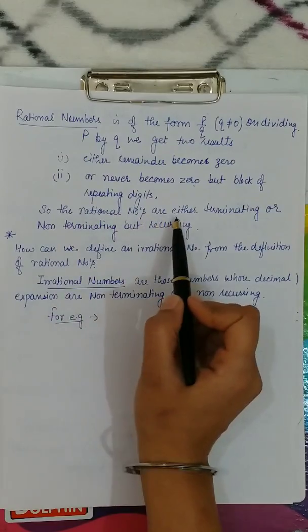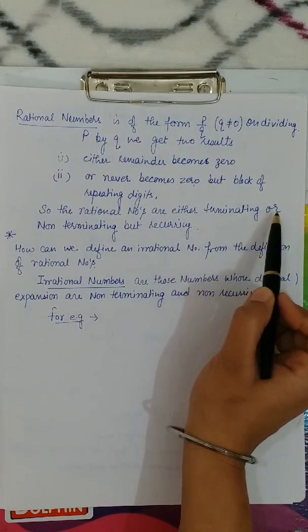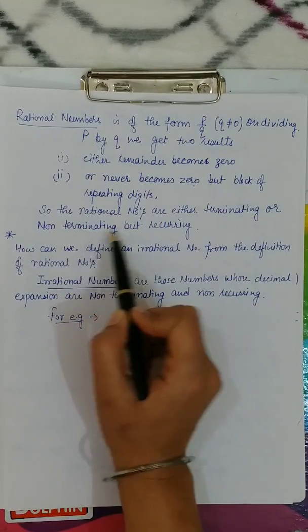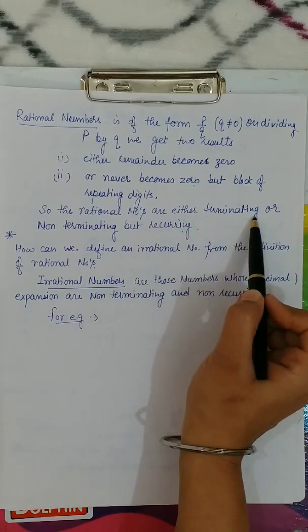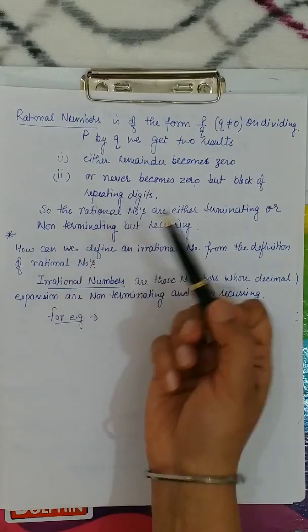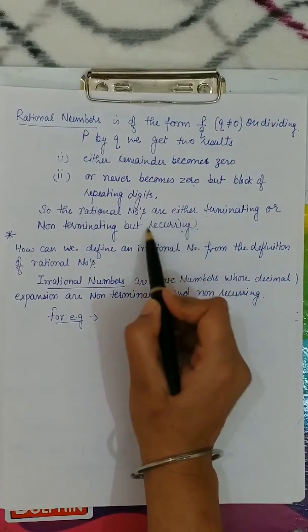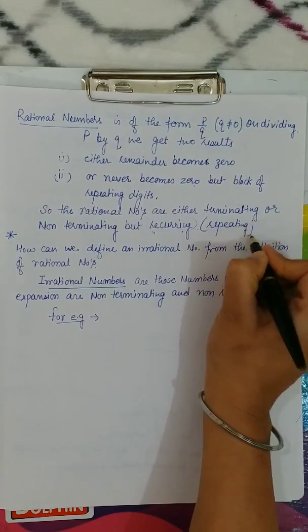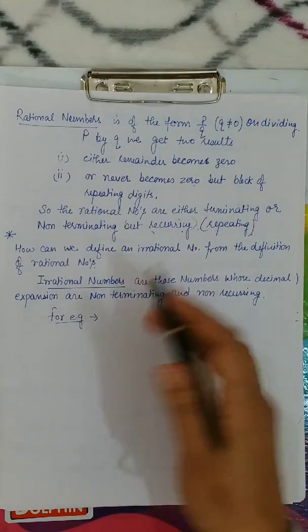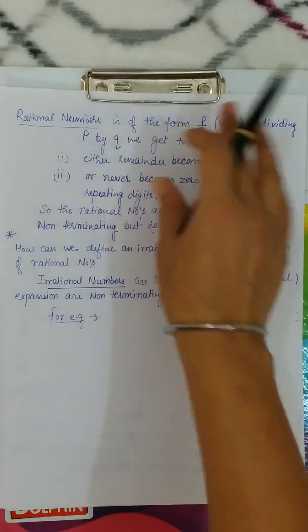So rational numbers are either terminating or non-terminating but recurring. It means either their remainders become zero, or if not zero, then it is recurring, meaning they are repeating. So this is the definition of rational numbers.